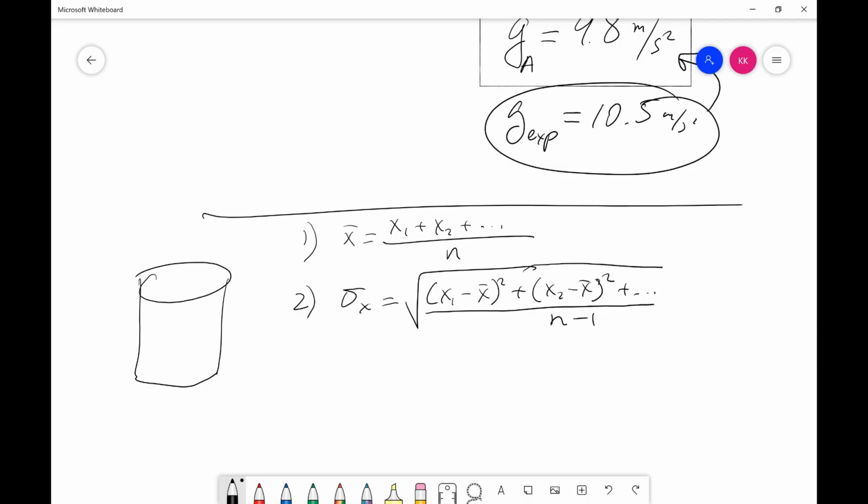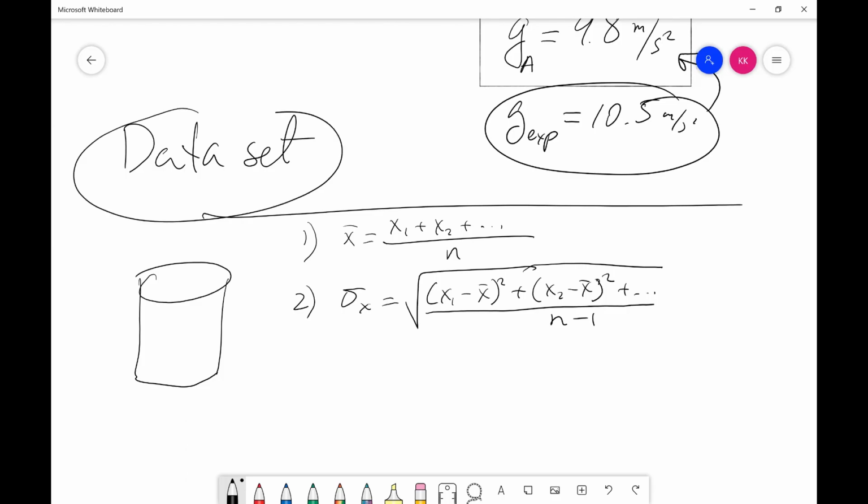So if you have some type of measurement, a quantity that can be put in a data set, which means you can repeatedly measure it, have 4 or 5 measurements and put it in a data set, then you can use those two equations to give me the diameter, for example, in terms of its average and uncertainty, and let's say length in terms of its average and uncertainty. So this type of data set can use equations 1 and 2.